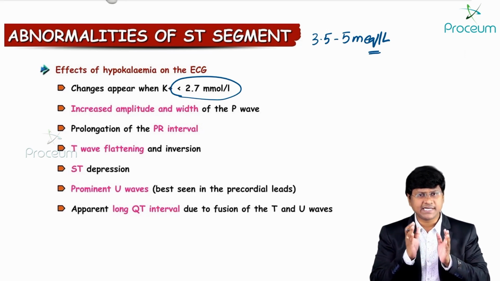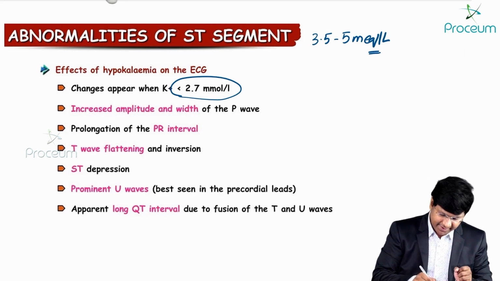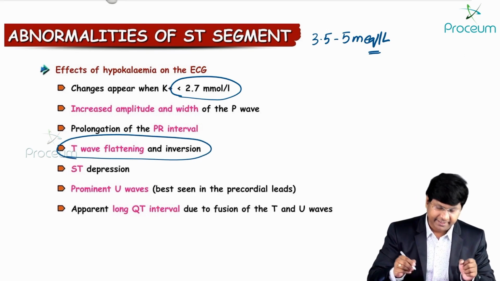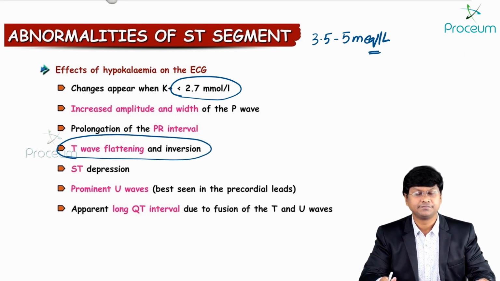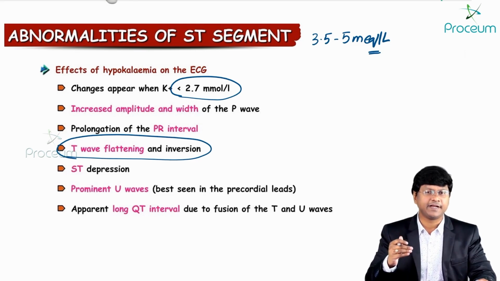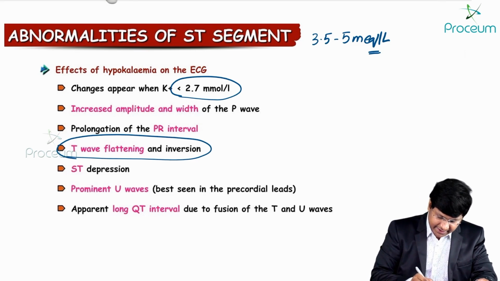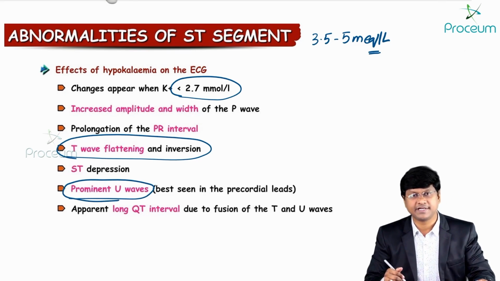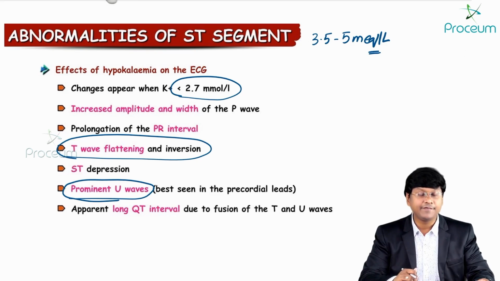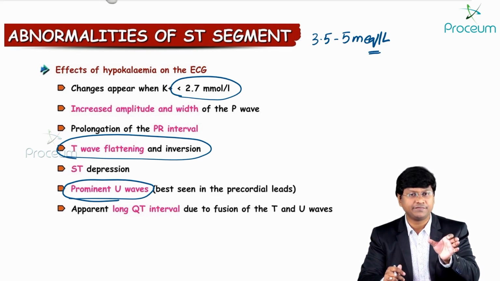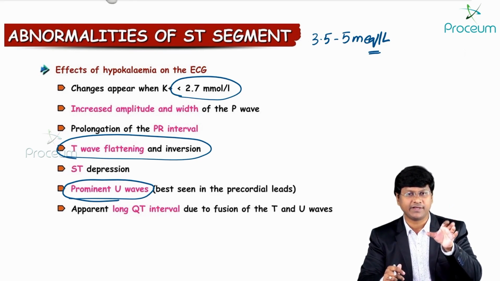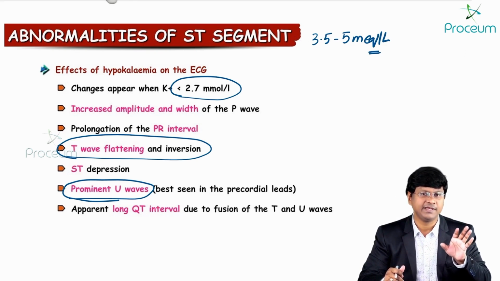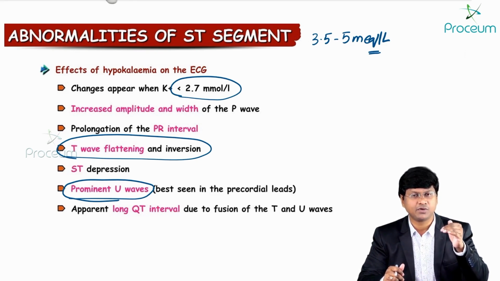Now, what is the earliest change I have told you? The earliest change is T wave flattening or T wave inversion. And after the T wave flattening or inversion, the next is the prominence of the U wave, right? I'll show you all those ECG changes in an ECG. And if you see the appearance of the U wave, now if you take the QT interval, you will not have a QT interval anymore because the T wave is flattened or inverted.